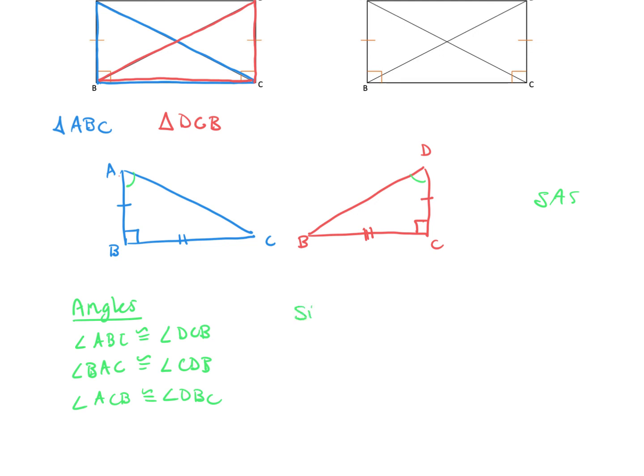How about, do we have any congruent sides? Well, we were given a congruent side that AB is congruent to DC. We also marked a congruency on our own that BC is congruent to BC. That's the reflexive property. And then our last side, AC, will be congruent to DB. This side is congruent to this side.